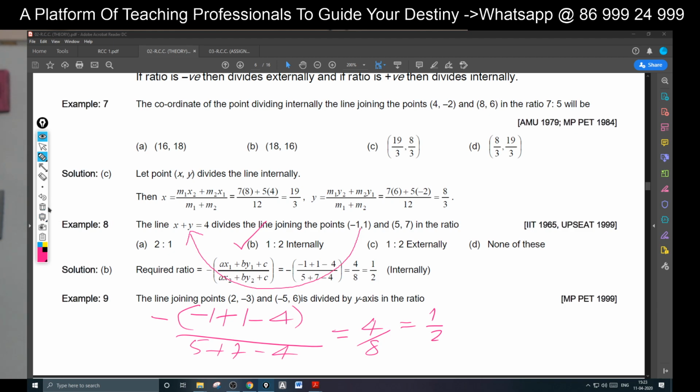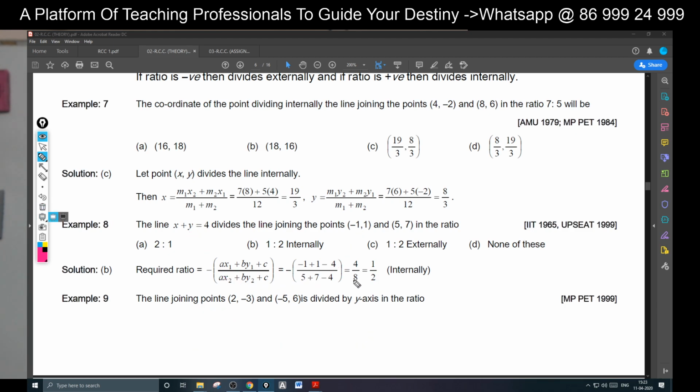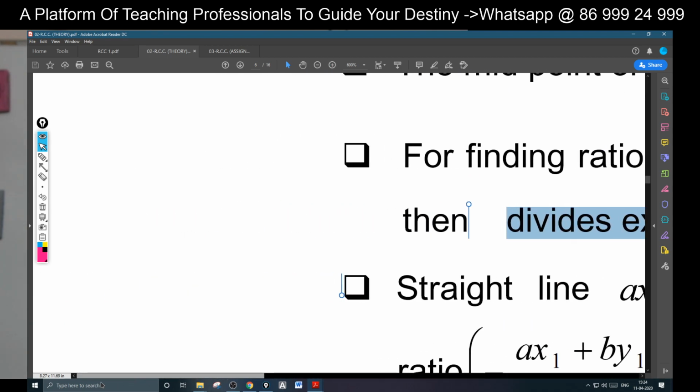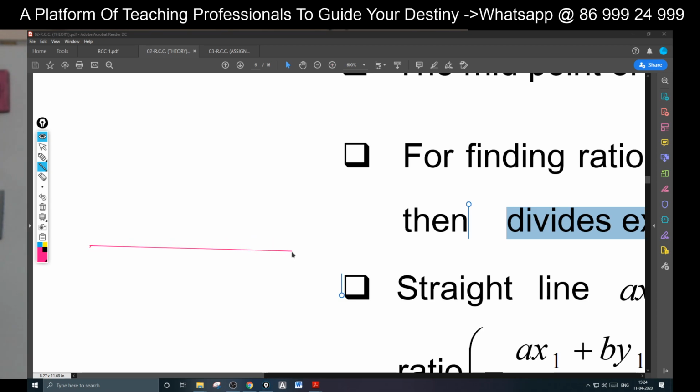Now, coming to the next part. That is, if a line is there, let me say this is x-axis. Let me say this is y-axis.